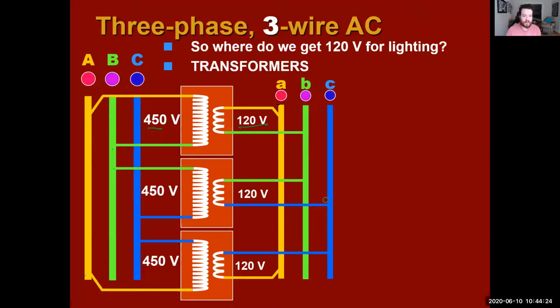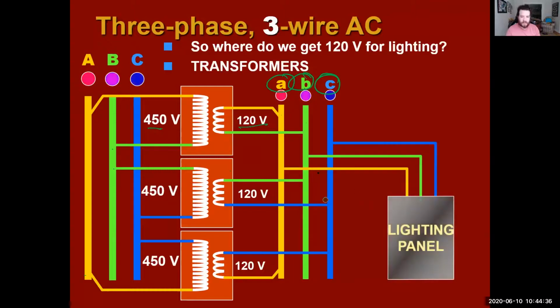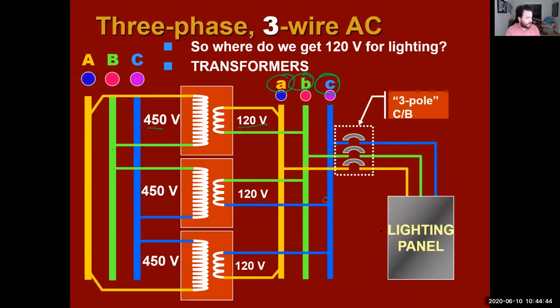And then again, we're going to have 3 lighting circuits, but they're going to be all lowercase. So A to B is 120, B to C is 120, and A to C is 120. All right, and those 3 wires will go into a lighting panel. We'll have a 3-pole circuit breaker switch because each one of these wires is live.